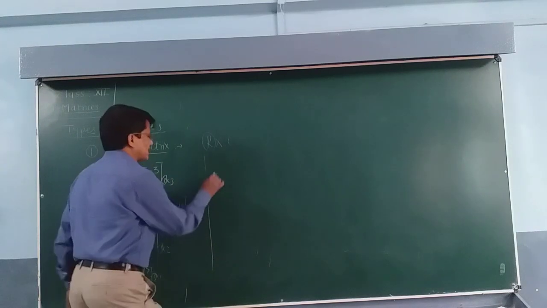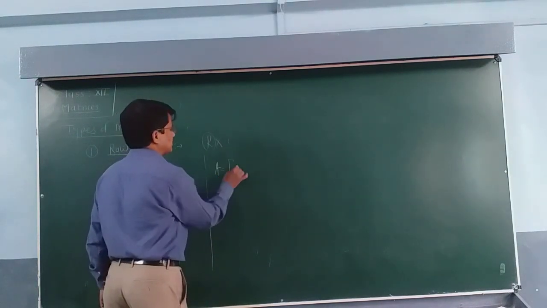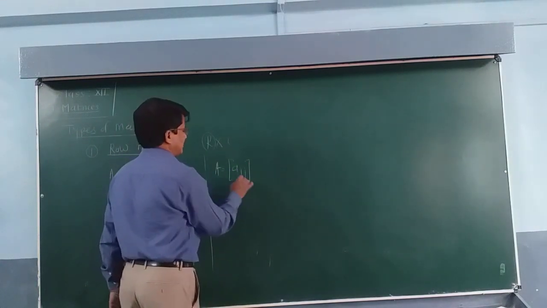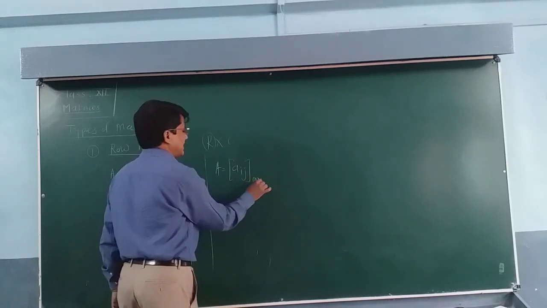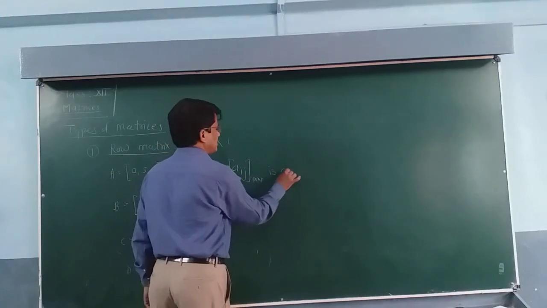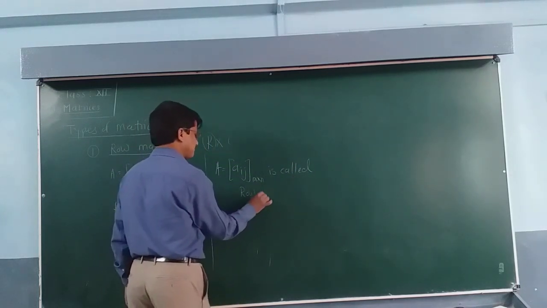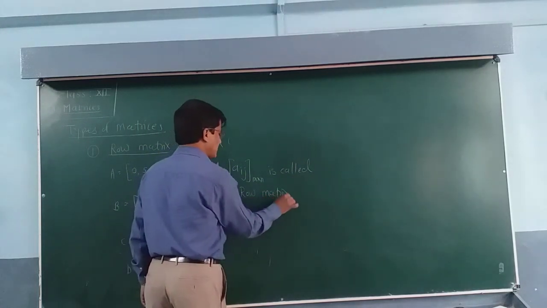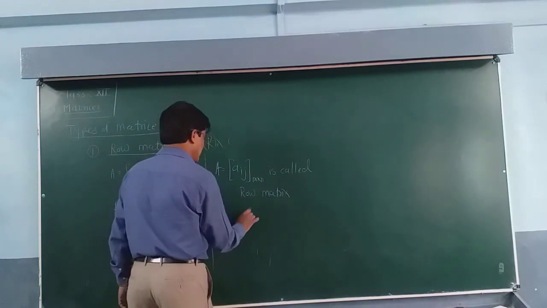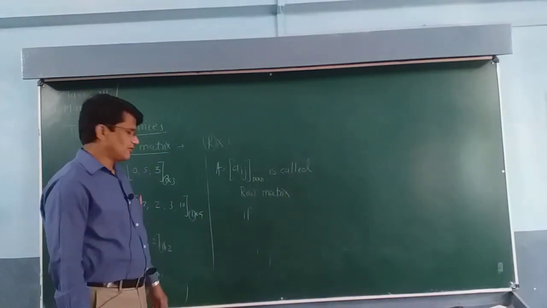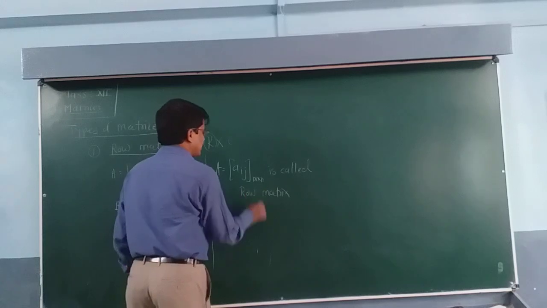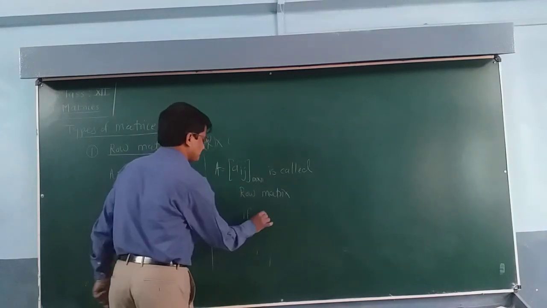So in general we can say capital A equal to Aij, m by n, is called a row matrix if m equal to 1.